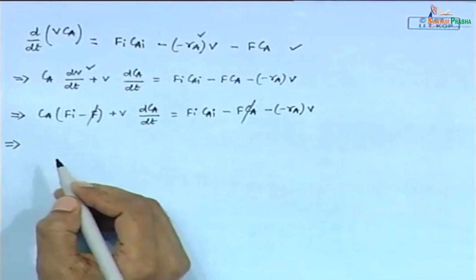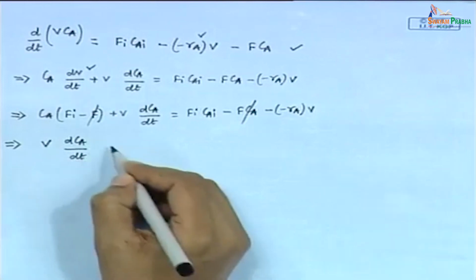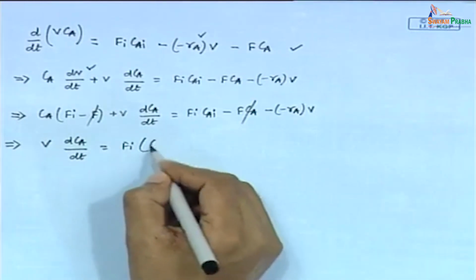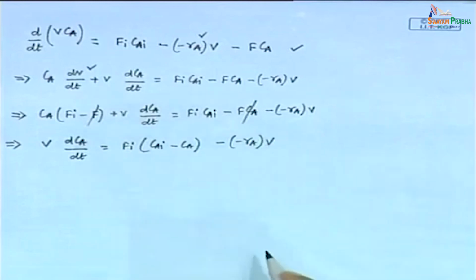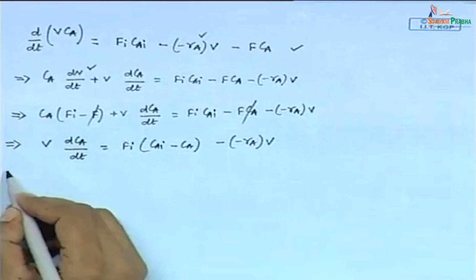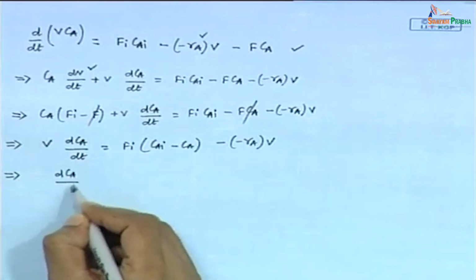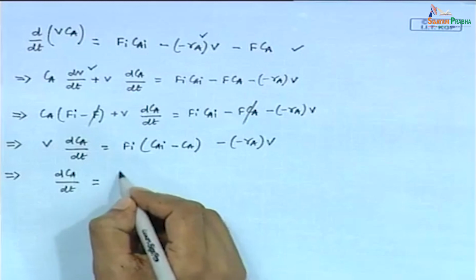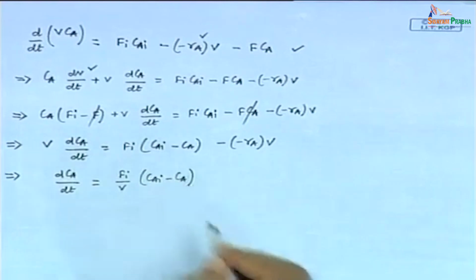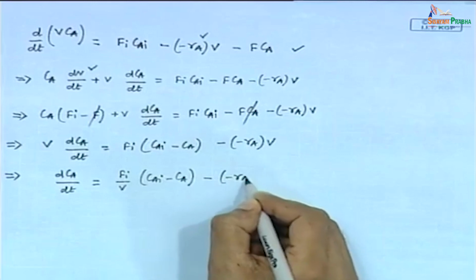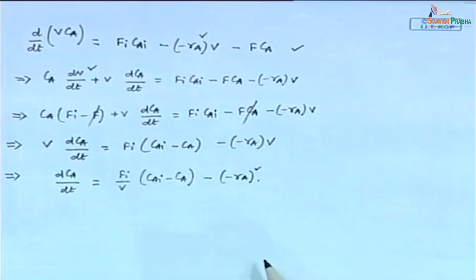Then we can rearrange this equation to V dCA/dt equals Fi (Cai minus Ca) minus (minus Ra) into V. If we divide both sides by V, we will finally get dCA/dt equals Fi divided by V (Cai minus Ca) minus (minus Ra). Minus Ra is the rate of disappearance of A.